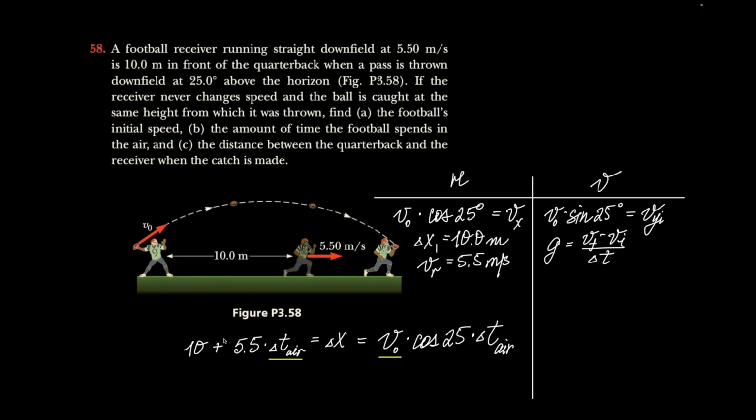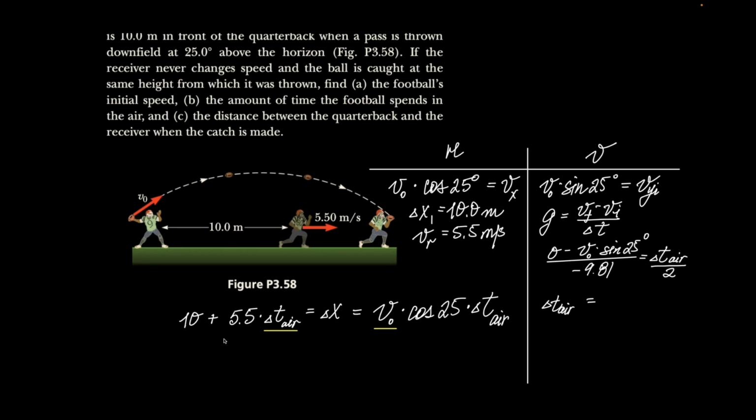So if I figure out half the time, which will be 0 minus initial velocity vertical divided by negative 9.8, 9.81 for that matter, that should give me change in t in the air, half of it. Time in the air is going to be twice v0 sine of 25 over 9.81. Now I have two equations, two variables, that is quite possible to solve.